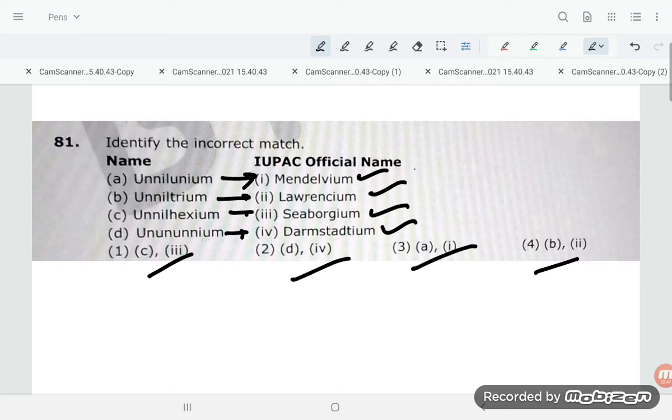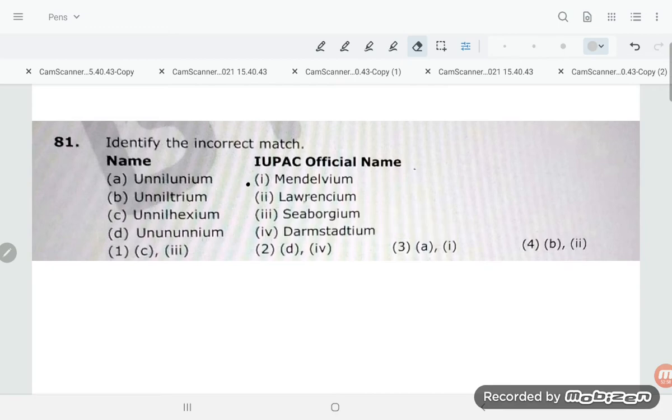Okay. Wait, students, somewhere we are making a mistake on this problem. I need to follow the book. If you see, student, unnilunium is mendelevium, that is correct. Unniltrium is lawrencium, that is again correct. Okay. Unnilhexium is seaborgium, correct. Unnilennium is darmstadtium, correct.